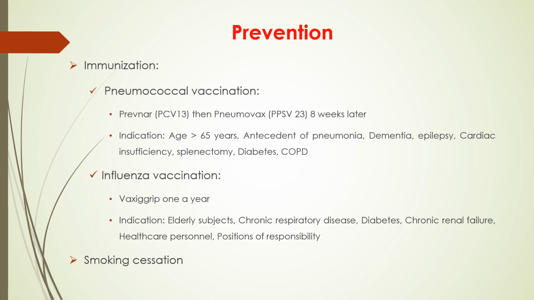Also, we have the influenza vaccination because we have talked about the viral infections that are also seasonal and common and are responsible for some epidemic problems. And we do have to vaccinate patients with the flu vaccine once a year, and it is indicated for elderly subjects, the ones who have some chronic respiratory disease, diabetes, chronic renal failure, also healthcare personnel and persons who have positions of responsibility.